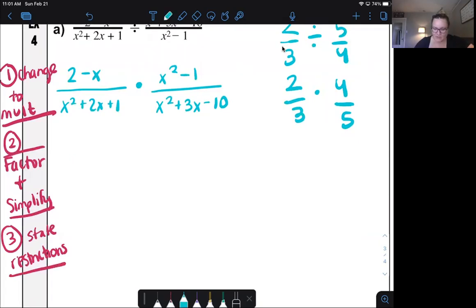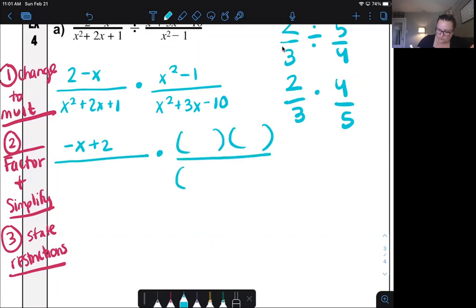So let's do it. So 2 minus x. Well, anytime you have the variable second, we're going to rewrite that. So we have -x plus 2 over, and then times. I'm going to factor these if we can.